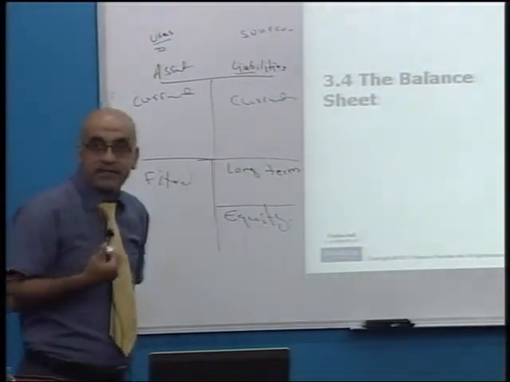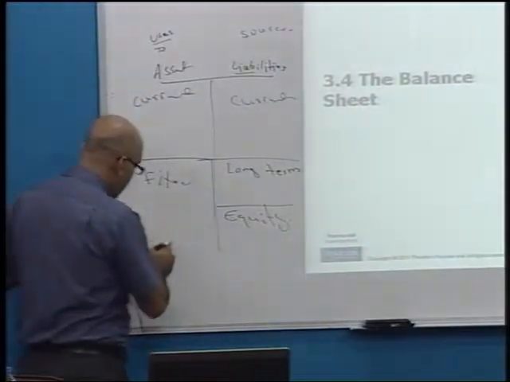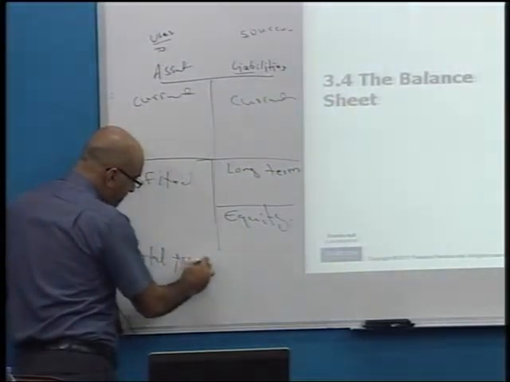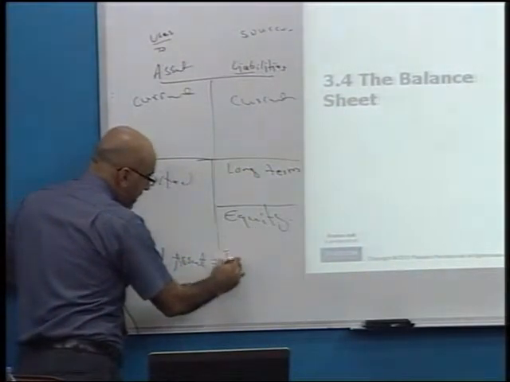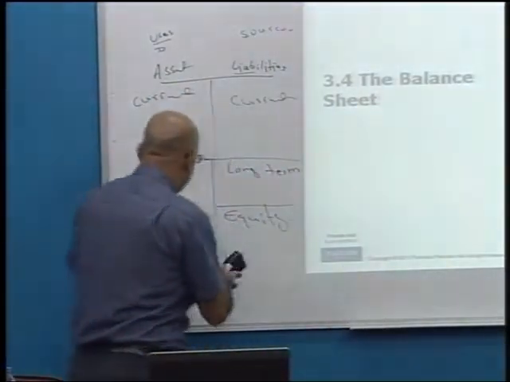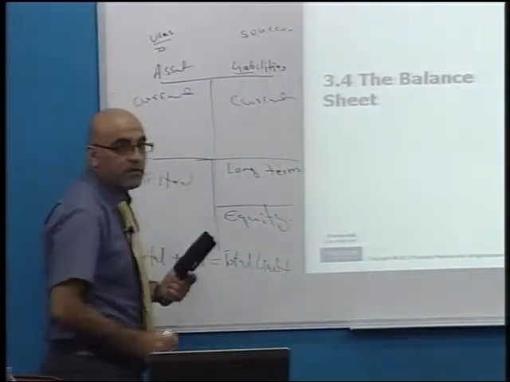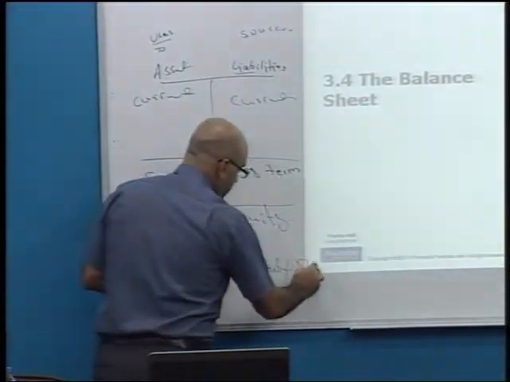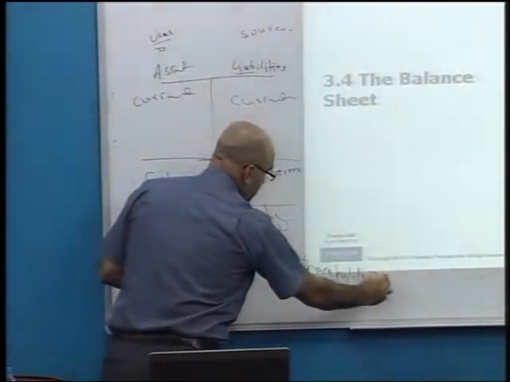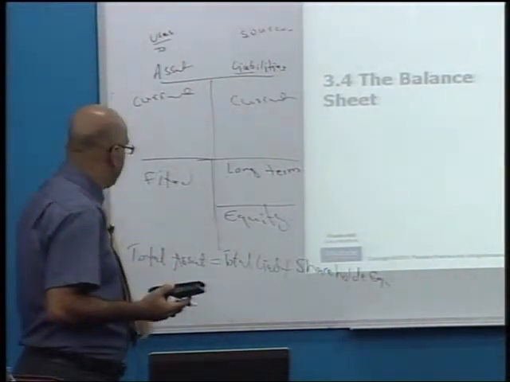And we can represent this T account by using this formula. Total assets equal total liabilities, or let's say not total liability, total liabilities plus the shareholder equity. Equity, fine. So this is the formula.